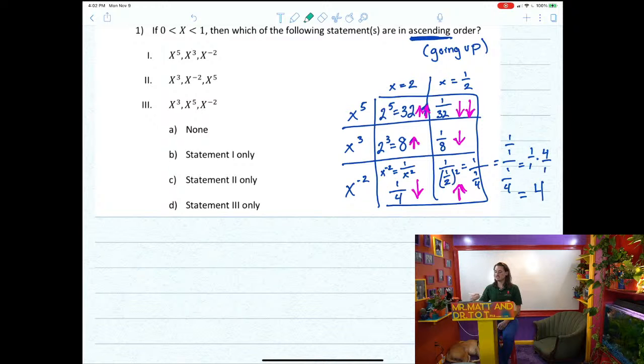So we can see that with a value in between 0 and 1, if we're going in ascending order, least to greatest, x to the fifth is going to be the least, followed by x to the third, because that's a decrease, and then x to the negative 2, because that was an overall increase.